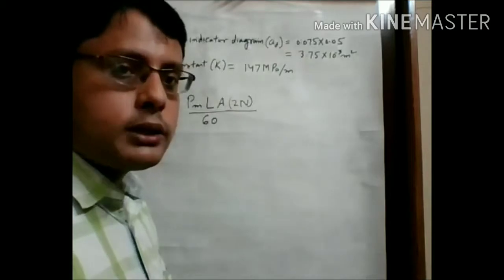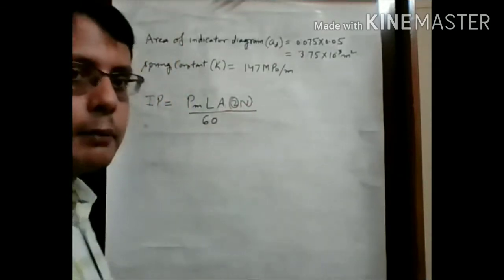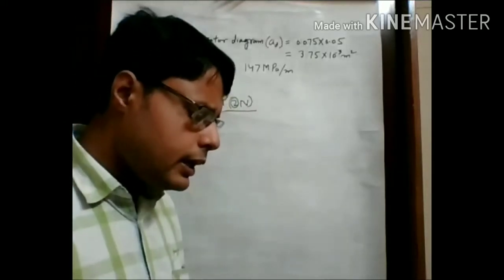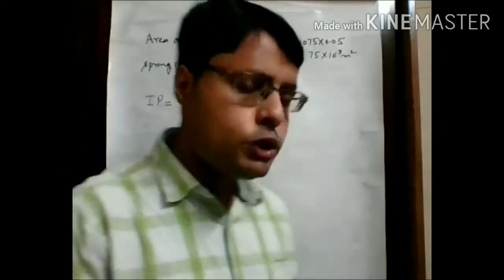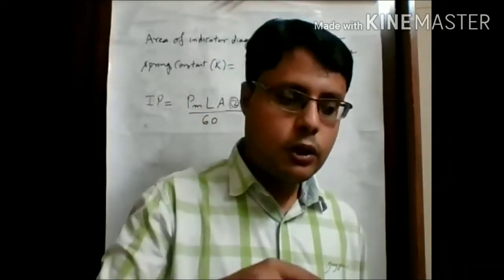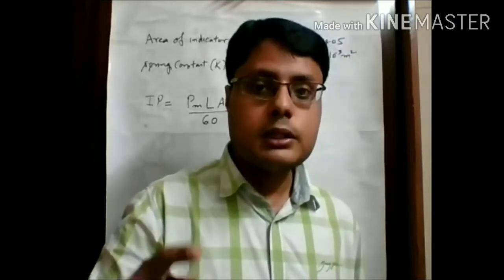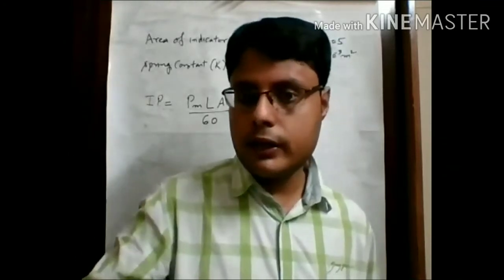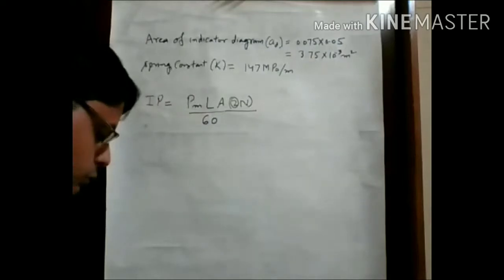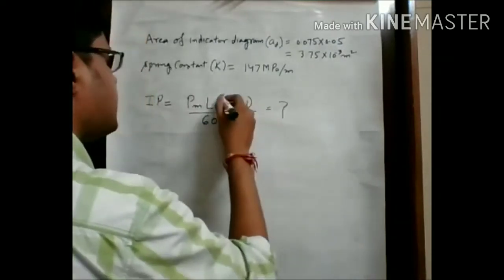But because here this is a double acting pump, we use this 2. Double acting pump means in this pump we produce power in the forward as well as in the backward stroke. So if you calculate some power X in a single acting pump, this will convert into 2X power generation.